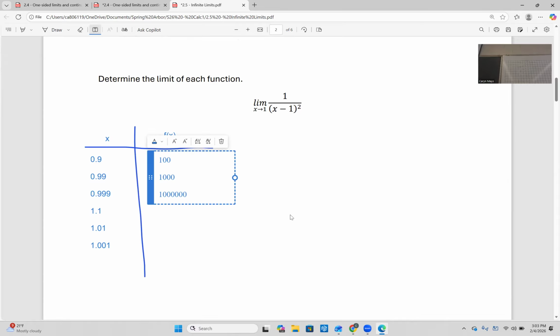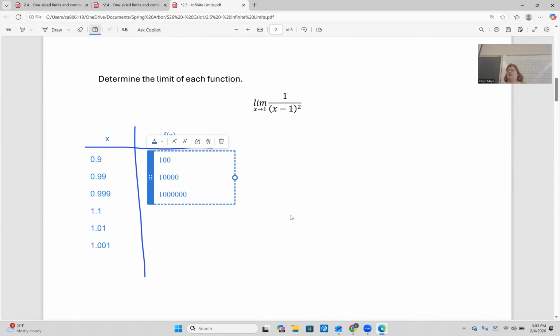What's happening as we approach 1 there? Y gets bigger and bigger and bigger. It's going towards infinity. Which side would this limit be? The left-hand side, the smaller values.